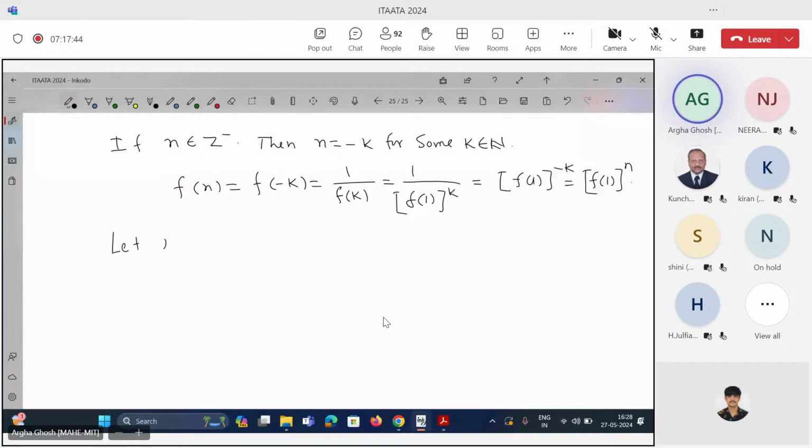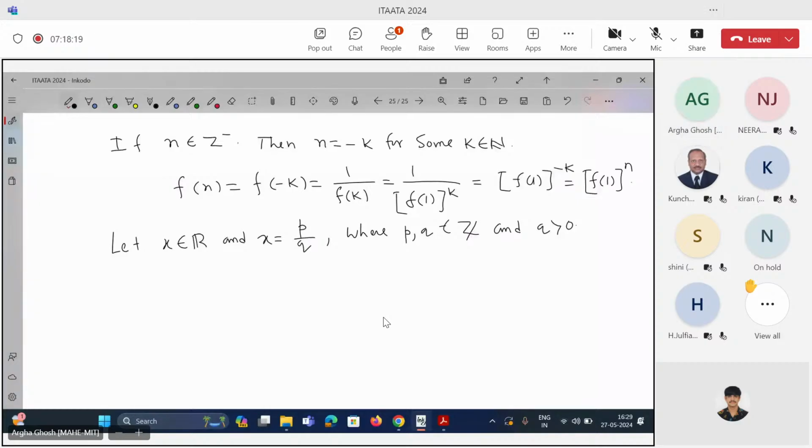So again, let's say x belongs to R and x is of the form p by q, where p, q are integers and q is greater than 0. Look at the last worked example.